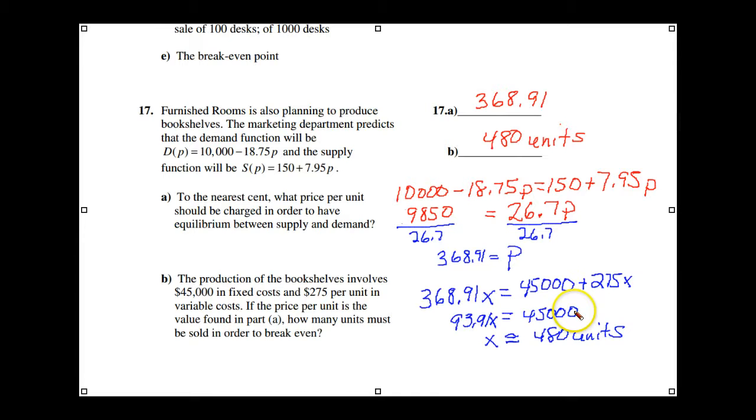Okay, and working the second part here of number 17, this is demand, this is supply, one equation equals the other, and I have the work here. We're going to solve for P, and P equals this, which is what we have there.